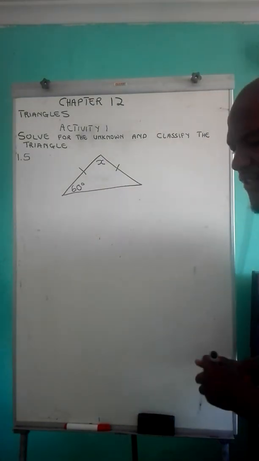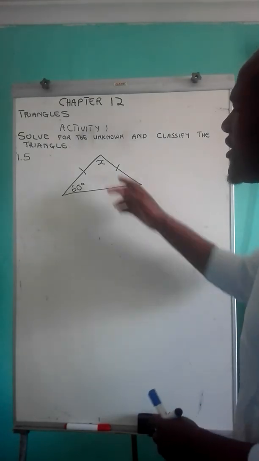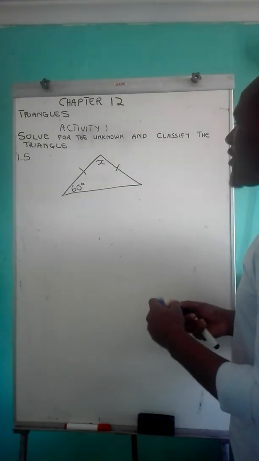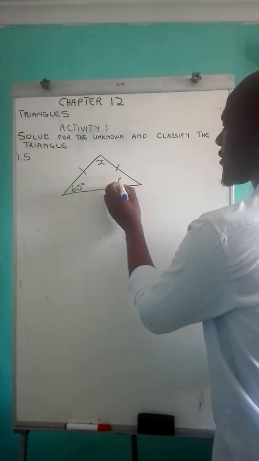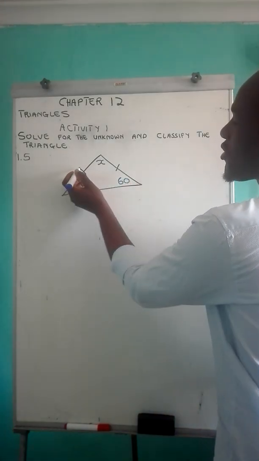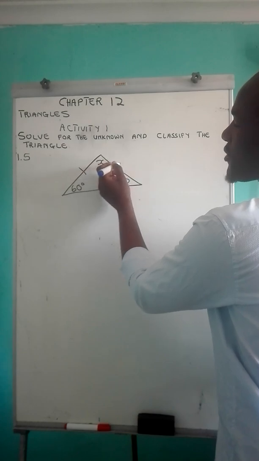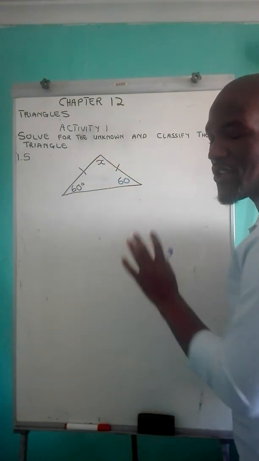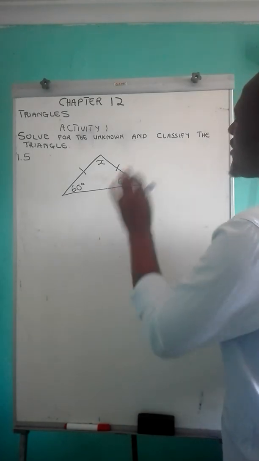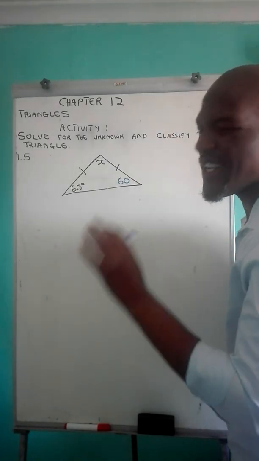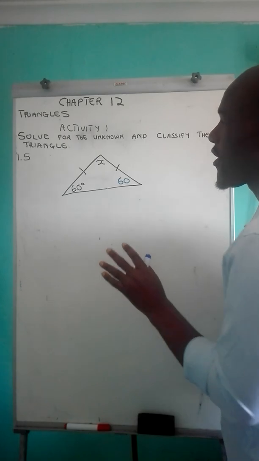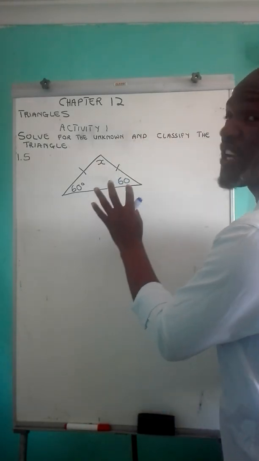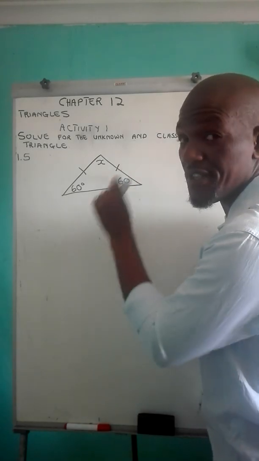Now there is missing information here because I need three angles, but I know this is 60 degrees. Why? Because if this line is equal to this line, the base angles are equal. So for now it's an isosceles. I cannot classify it yet as an isosceles triangle. I'm trying to find the unknown first. But for now, it seems as if it's an isosceles.